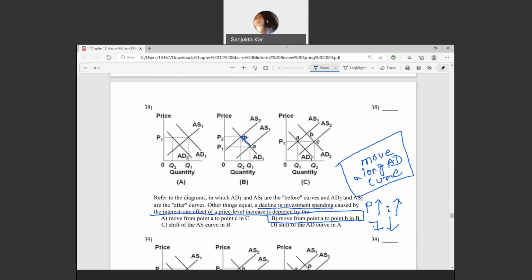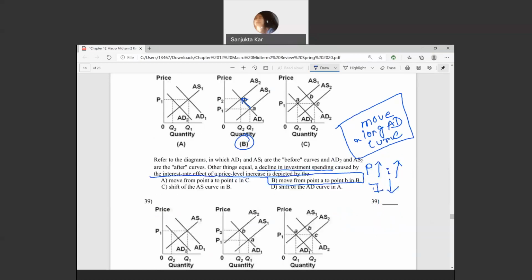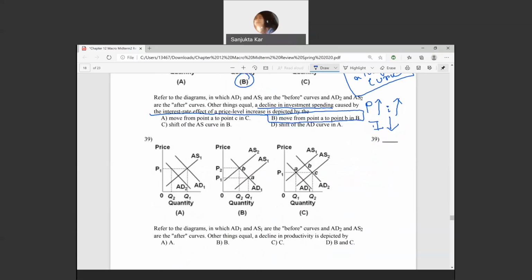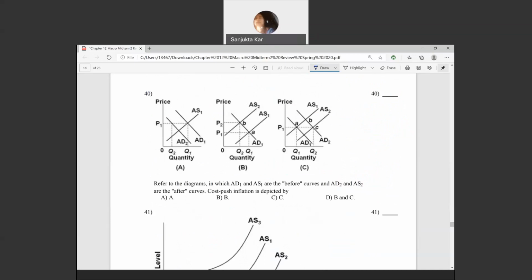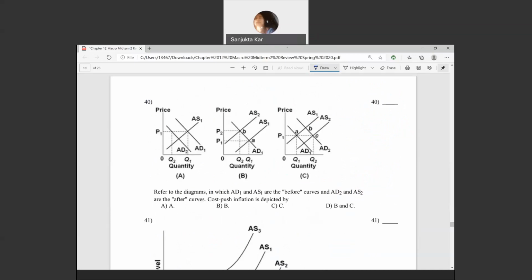All right, lots and lots of questions here. Decline in productivity. This one will be caused by aggregate supply curve shifting to the left. Almost there. Question number 40, cost push inflation. This is caused by aggregate supply curve shifting to the left.